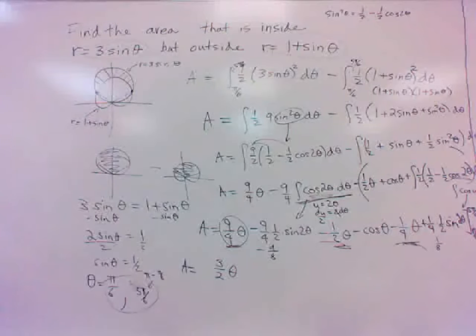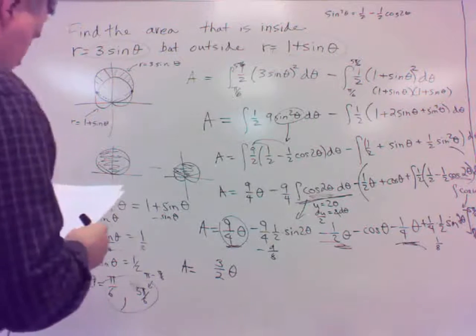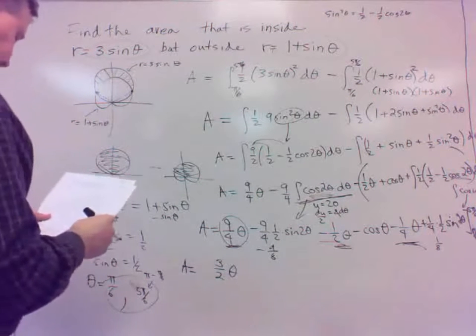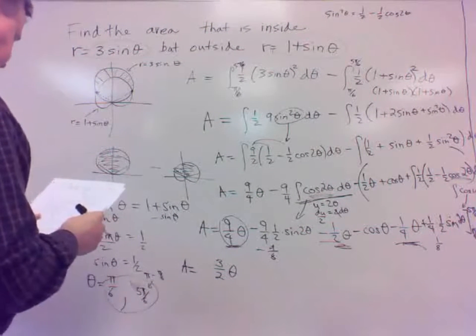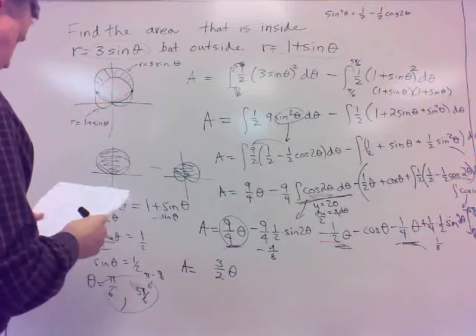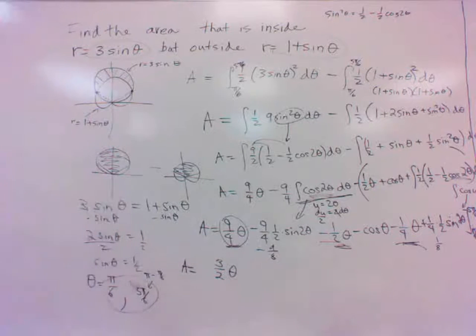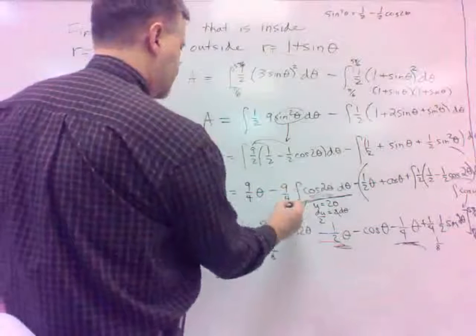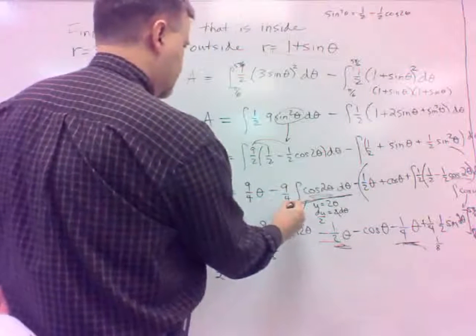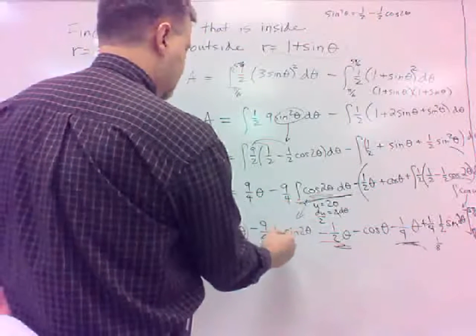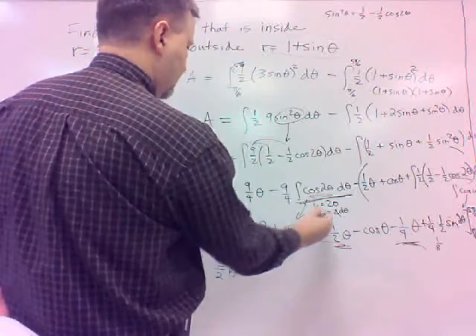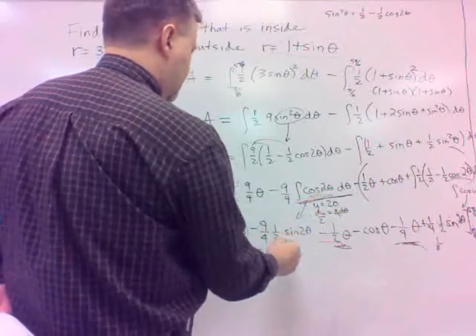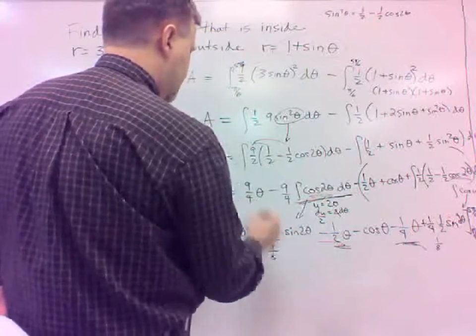Did I do that right? Not according to my paper here. Should just be a minus. All right, let's see what I do. 9/4. Where did I get that half? Oh, from that, okay. 9/8.